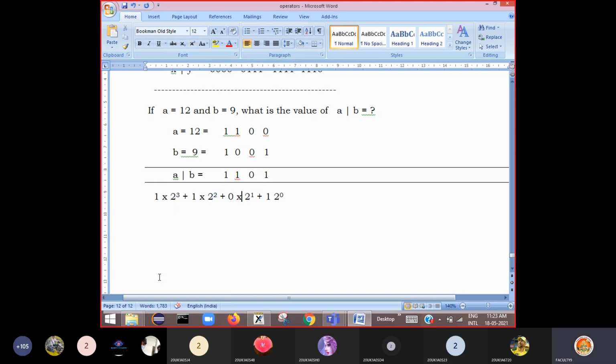If you perform this calculation, you will get 8 plus 4 plus 0 plus 1, so the result is equal to 13.